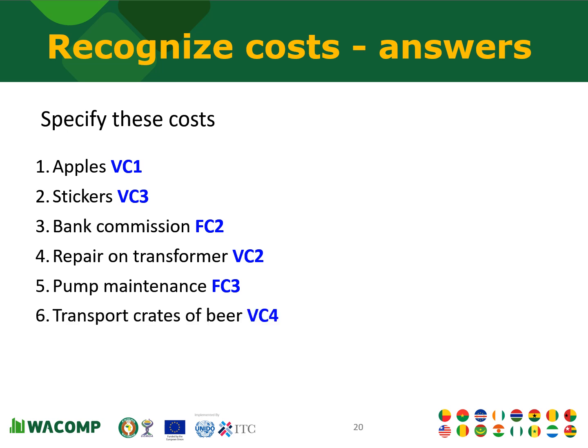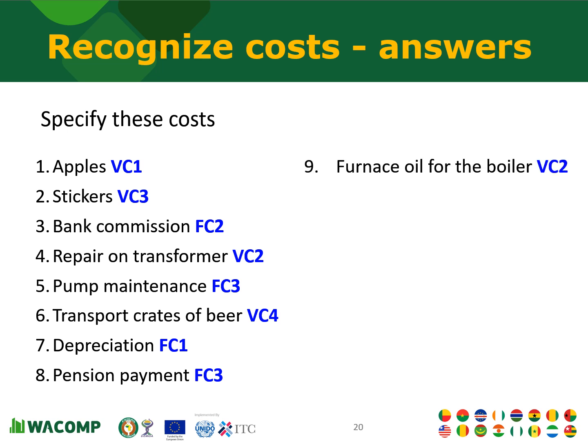Transport crates of beer, VC4. Depreciation, FC1. Pension payment, FC3. Furnace oil for the boiler, VC2. Electricity for the cooler, VC2.